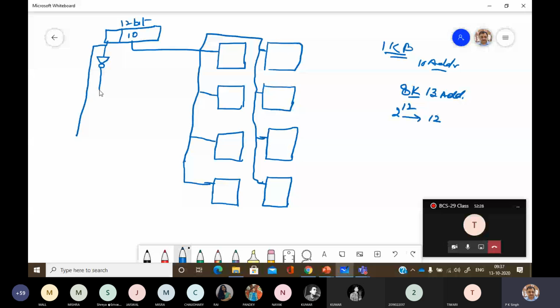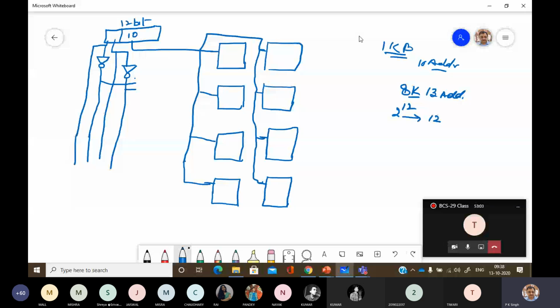This is the decoder circuit, and it will be used to generate the chip select signal.